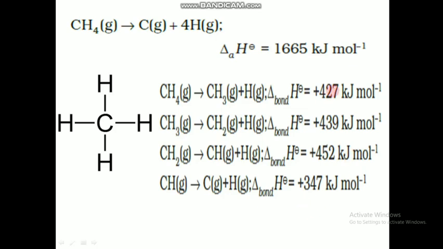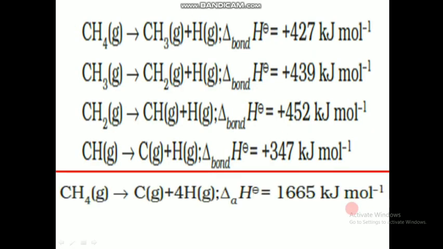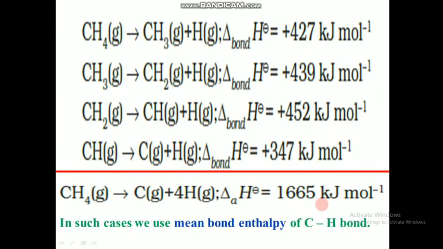So what do we do? We take the mean, or the average, of these. In polyatomic molecules, we sum them up to get a particular value and take the average of it. That average is known as the mean bond enthalpy.